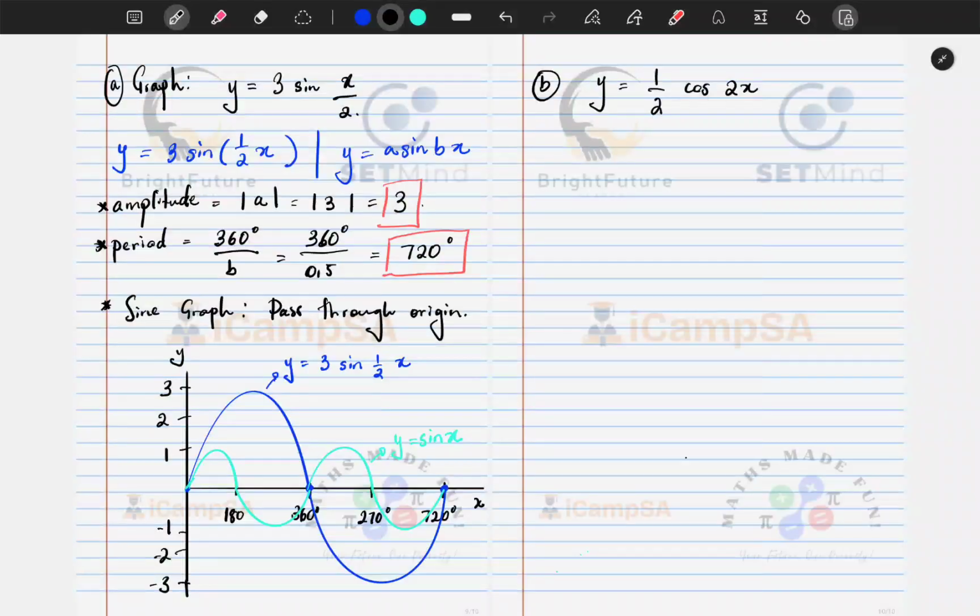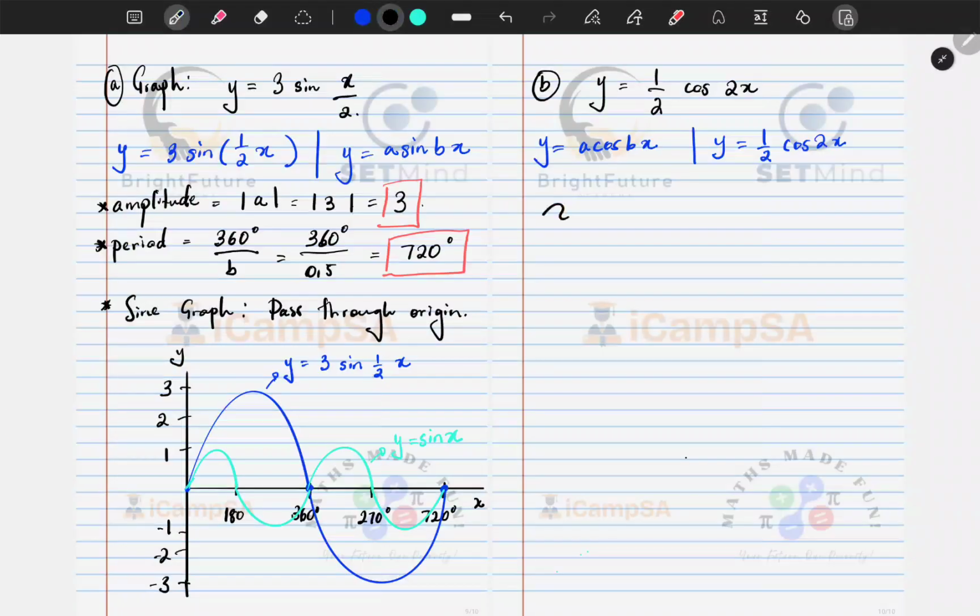So here we are still just teaching you how to draw these graphs, right? So also here I want to write my equation in the form of y is equals to a cos bx, right? So it's already written. It's y is equals to 1 over 2 cos of 2x, right?